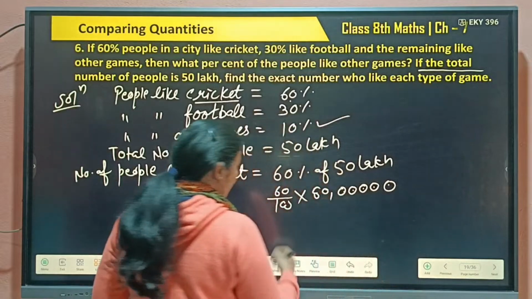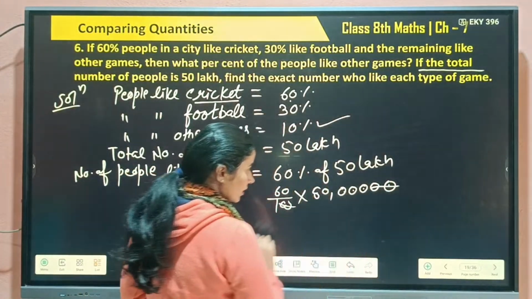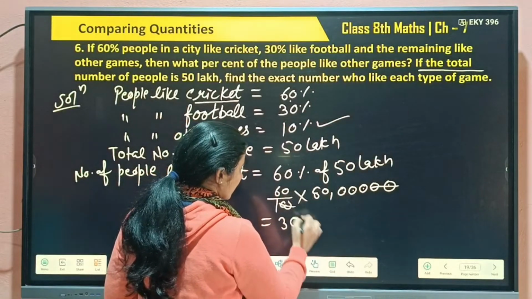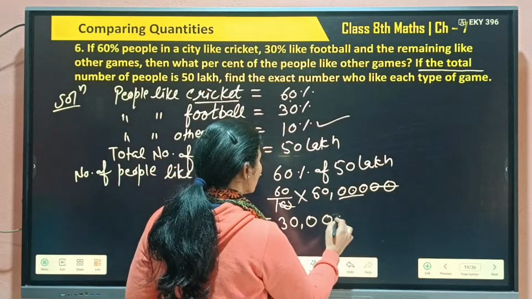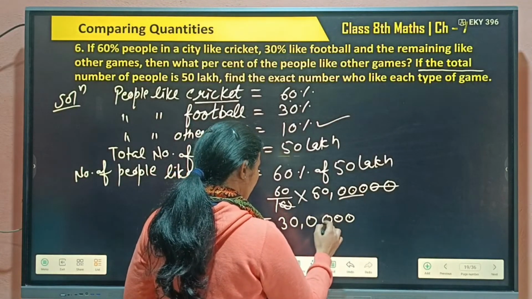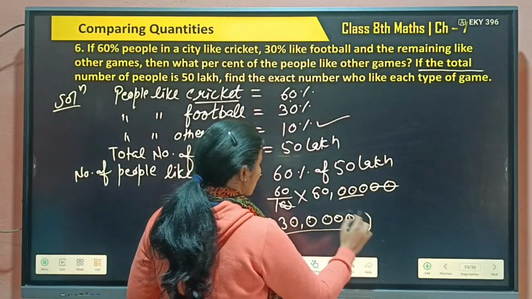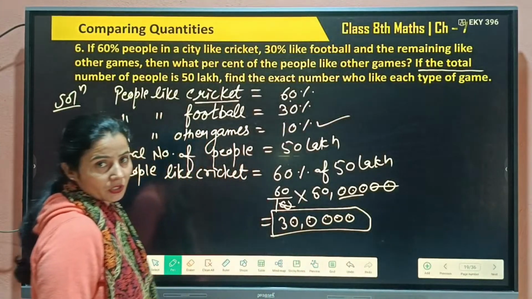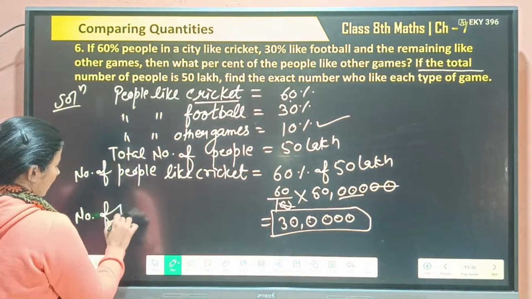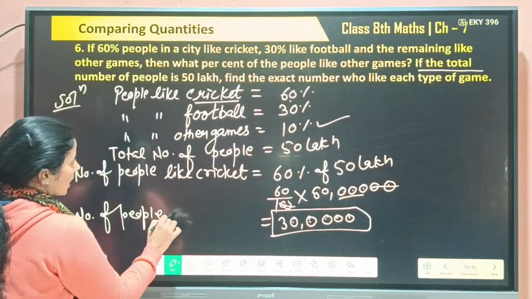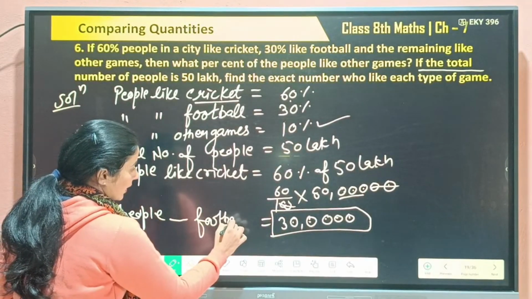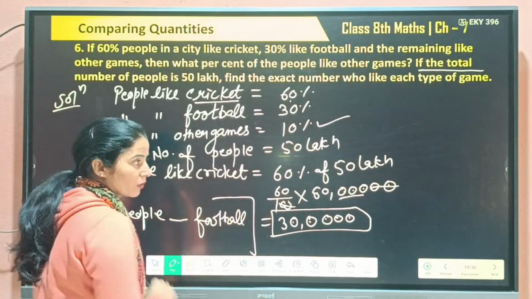This is 50 lakh. These 20s will be cancelled. The answer is 6 5s are 30. This 0 as it is, and these 3 zeros as it is. 30 lakh people like cricket. Now, the number of people who like football: how can we find this?